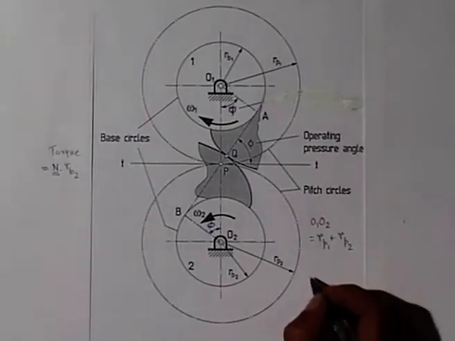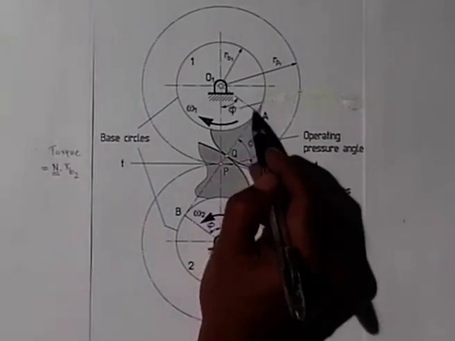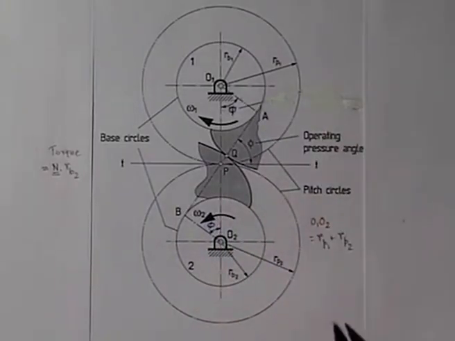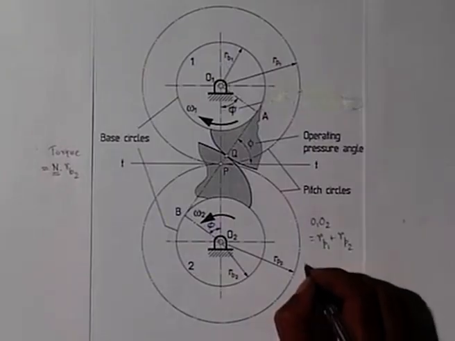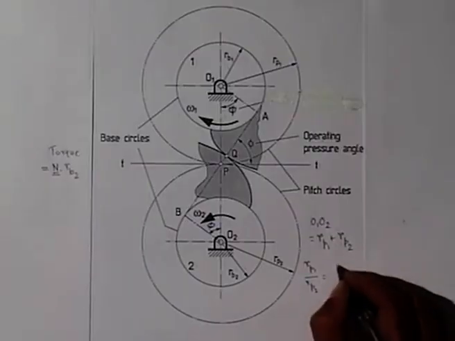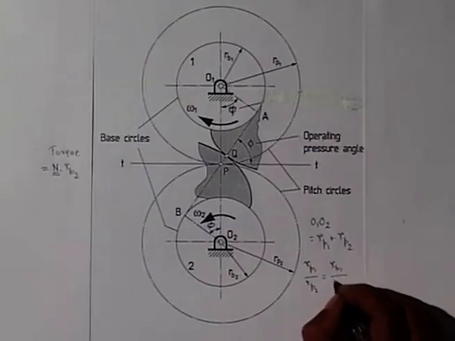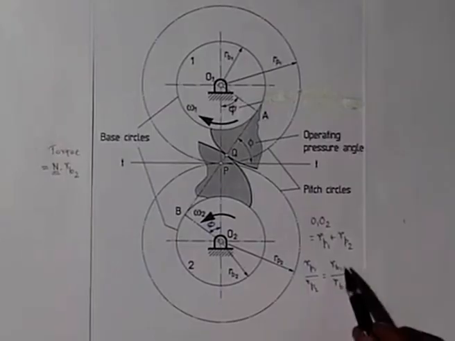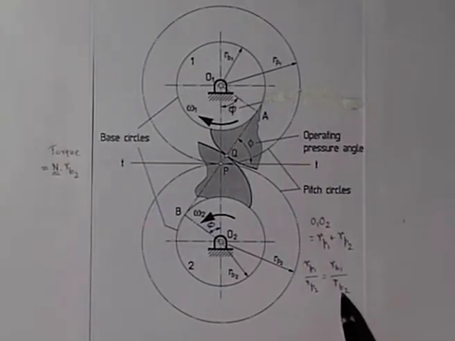And we have already noted that the base circle radius Rb is nothing but Rp cosine phi, where phi is the operating pressure angle. So, we know Rp1 by Rp2 is the same as Rb1 by Rb2, because Rb1 is Rp1 cos phi and Rb2 is Rp2 cos phi.